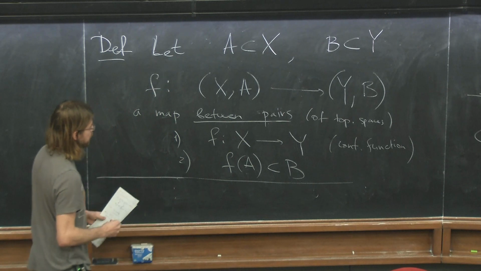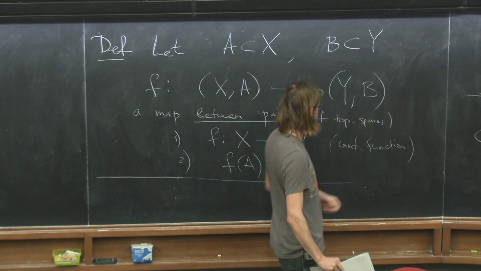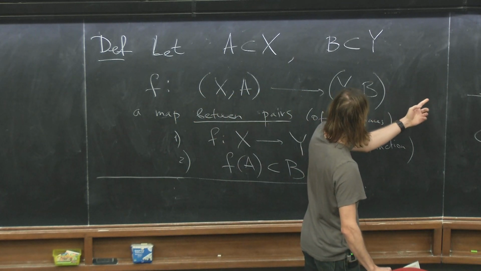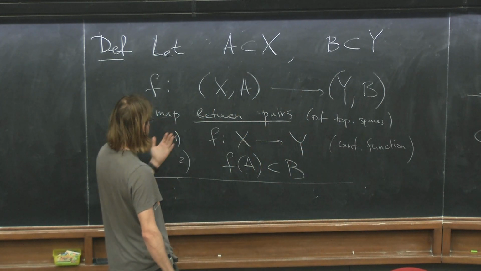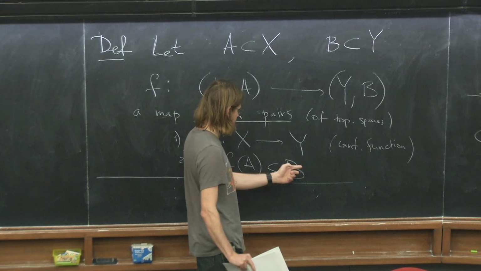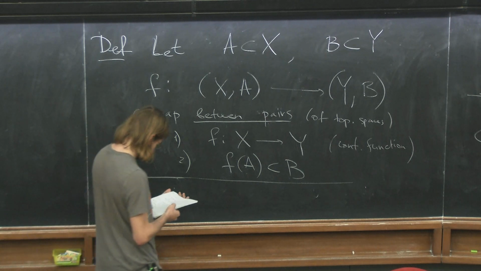In particular, if we have, for example, a third pair (Z, C), and we consider a map to this third pair satisfying the same properties, the composition will also be a map between pairs, because this inclusion property will be respected under composition.